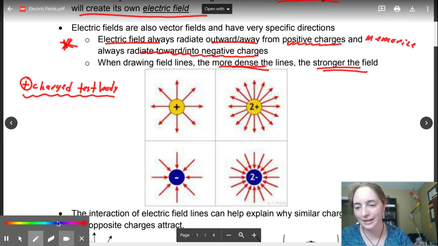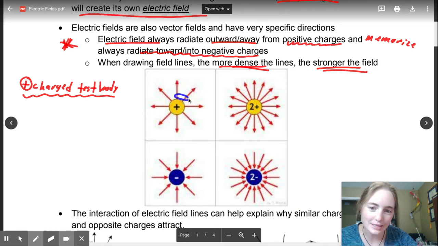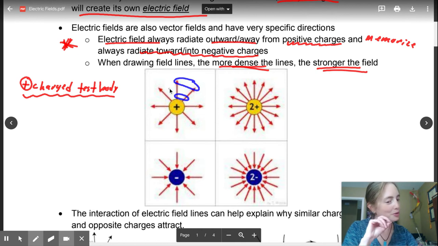I'm going to switch colors here to blue, but notice here at that base, these lines are farther apart from each other than they are out here. So that is showing that the closer you are to that object, the stronger that field is going to be. Just like with the gravitational field. And same over here, the closer the lines are, you're going to have the stronger field closer to that object than you are out here.